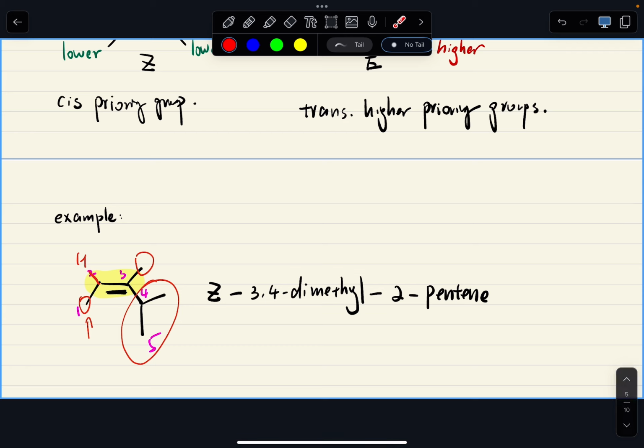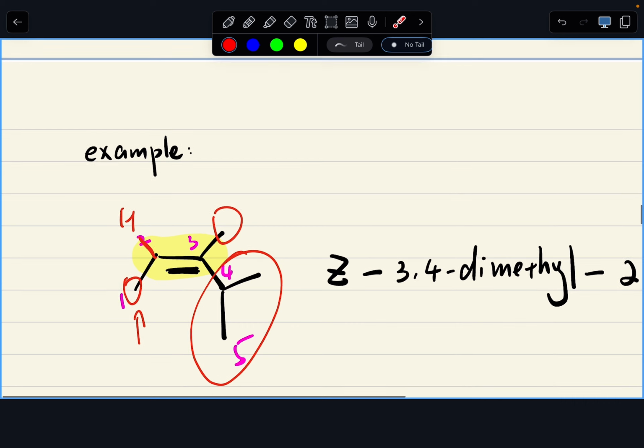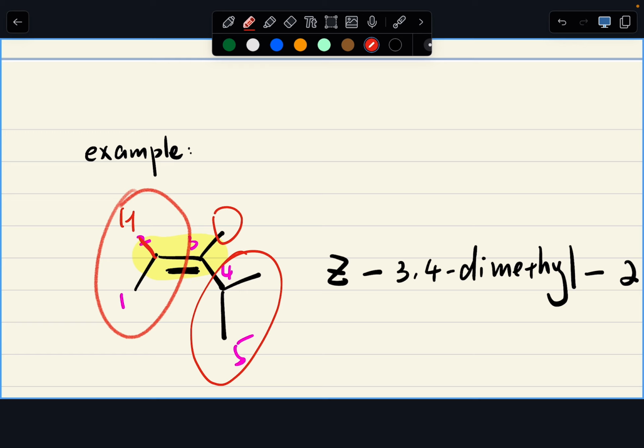So in this case, the higher and lower priority is always relative. So we're always focusing on the carbon with 2 things around it, right? So on the left carbon, you either have a CH3 or you have a hydrogen. So comparing the CH3 and the hydrogen, my CH3 is higher priority.